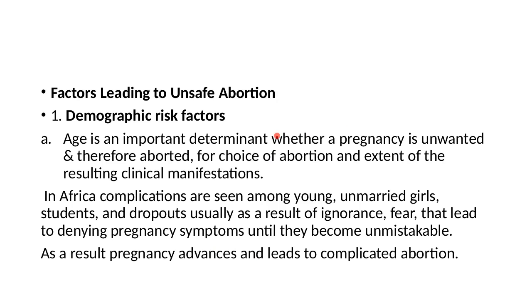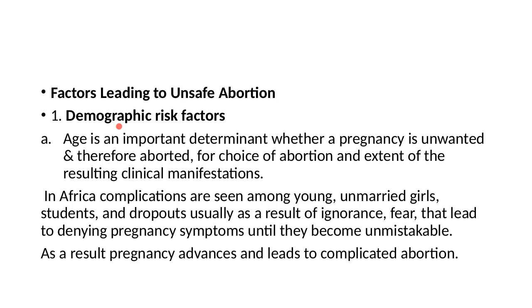What are the factors that normally lead to unsafe abortion? Number one is demographic risk factors. Age is an important determinant of whether pregnancy is unwanted and therefore aborted, the choice of abortion, and the extent of the resulting clinical manifestation.